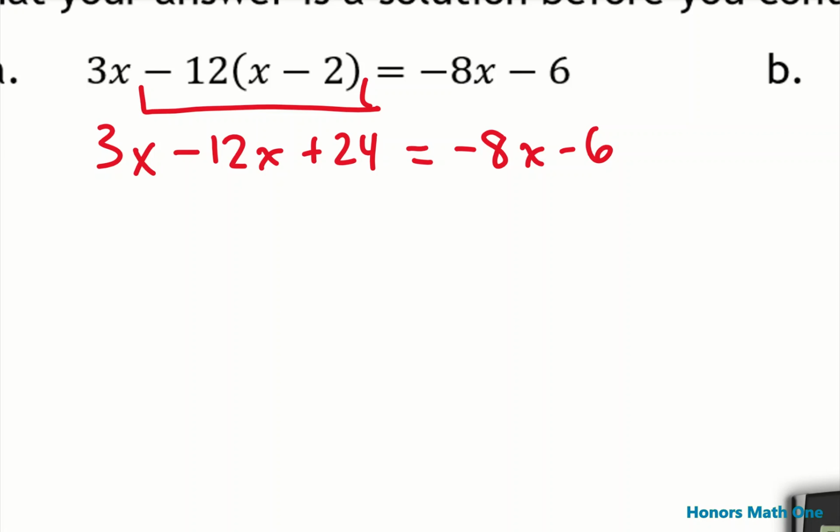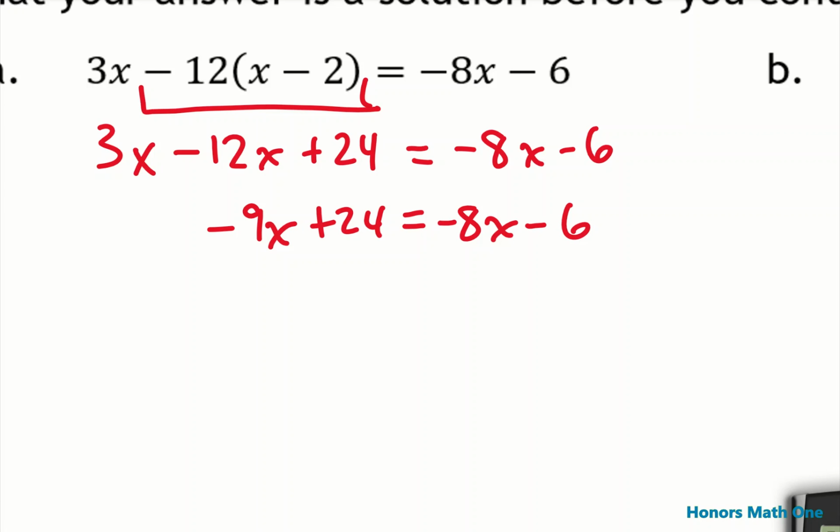Let's see, collecting up some like terms, if I have the 3x and I subtract 12x from that, that should give me a negative 9x on the side, and then plus 24 equals, again, negative 8x minus 6.